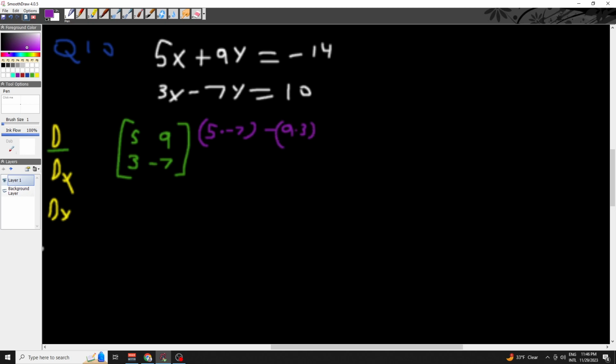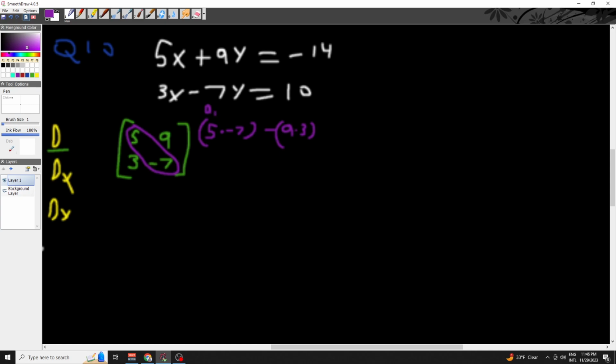The way it works, you do this times this for 2 by 2s. For 3 by 3s, it's a lot longer. And if you don't have a calculator, you're probably getting it wrong.